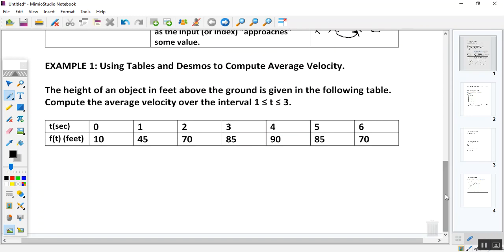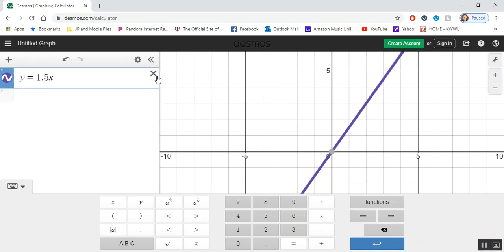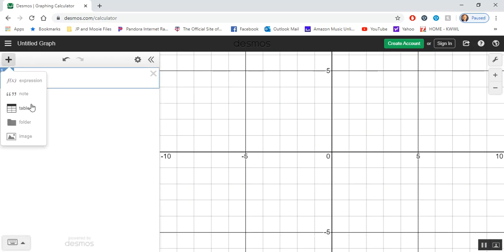First thing, example 1 says use tables and what? Decimals, okay? I'm going to put decimals up here, but what I need your help with here, kids, is getting this table entered in. You guys just have your table there. We'll read the graph here. I'm going to form a table up here. All right, so I'm going to add a table.